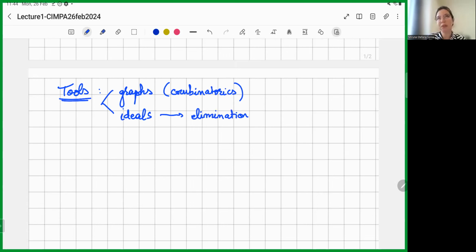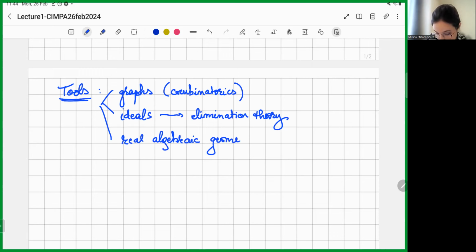We will have this tool, elimination theory. Then since these systems come from applications, there are real coefficients coming into play. And concentrations and so on. So the real side of algebraic geometry comes into play. So real algebraic geometry, theorems, tools, and so on.